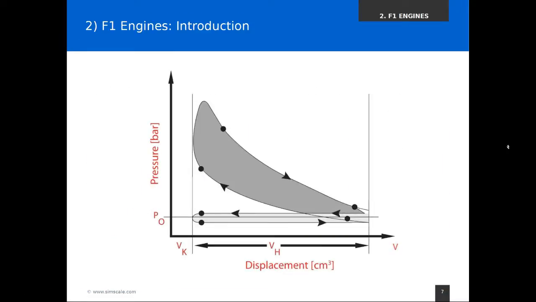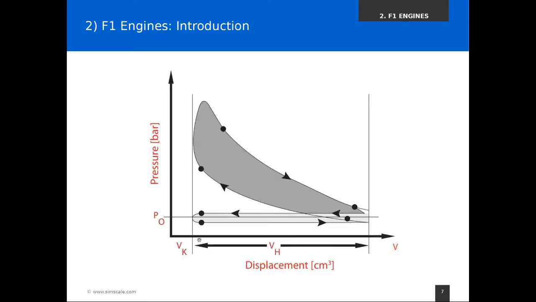Now let's just talk about it one more time, but in a bit more detail. I just mentioned the concept of pressure and volume. We've seen that you can describe this gas or this air and fuel mixture with two parameters, namely pressure and volume. In this diagram, we plot the pressure over the volume.